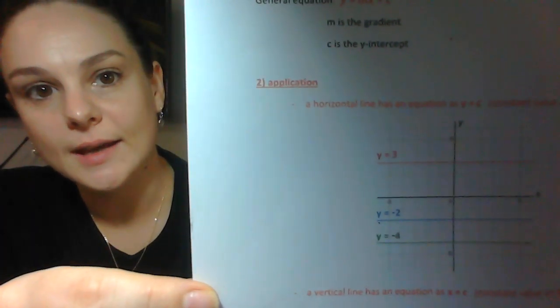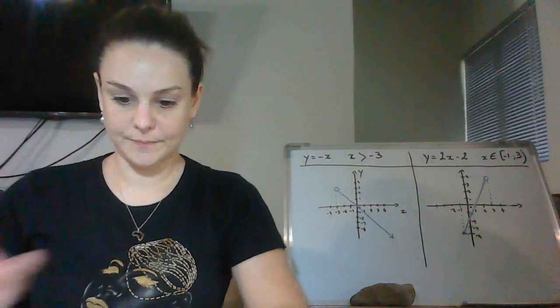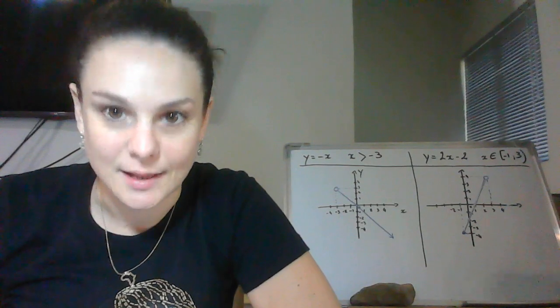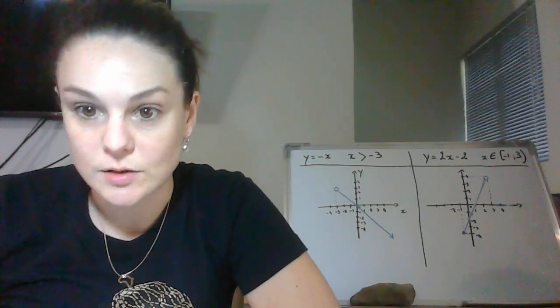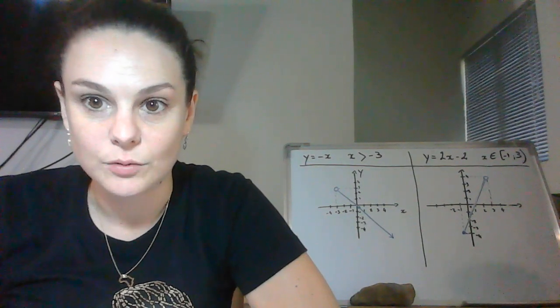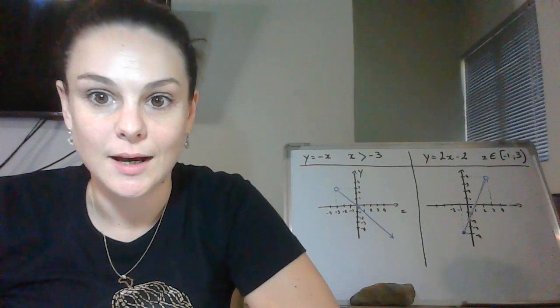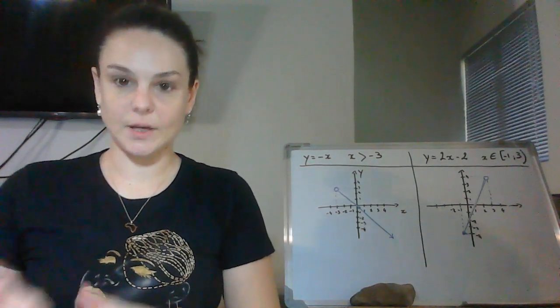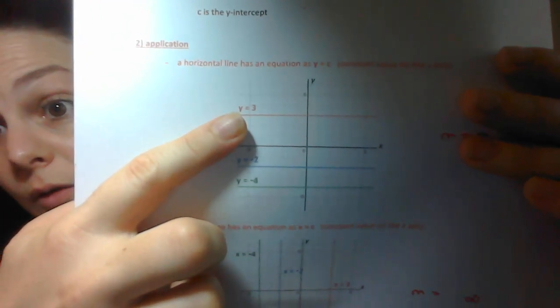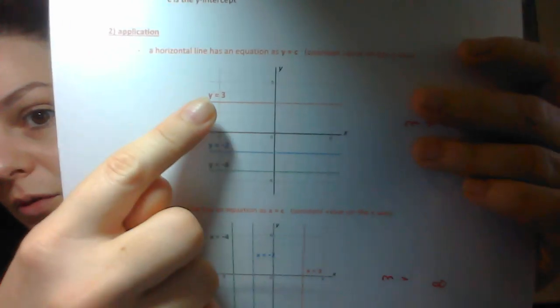Then, here, second application. So first thing that you have to notice here, a horizontal line has an equation of y equals c. So if the y value is equal to a constant, then you have a horizontal line. If the y value is equal to 3, as in y equals 3, then that means that for any x value, you always have y equals 3.